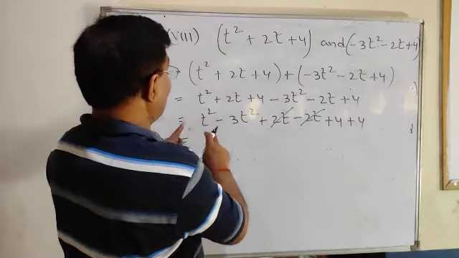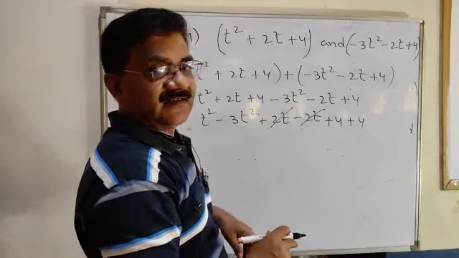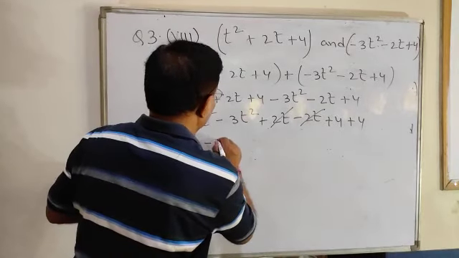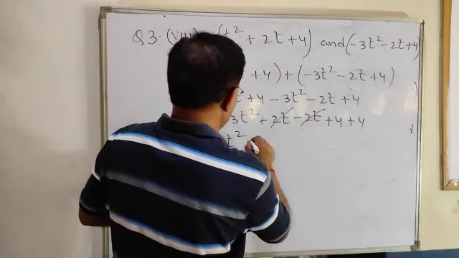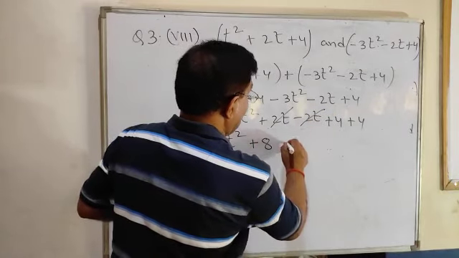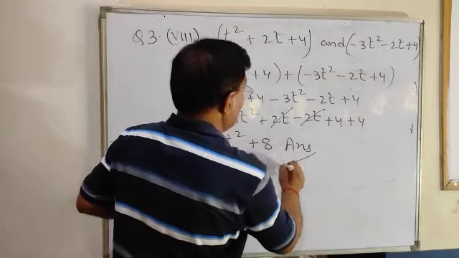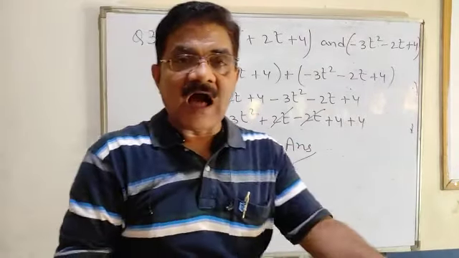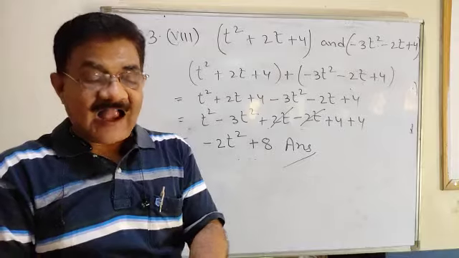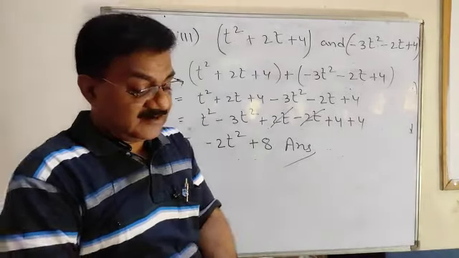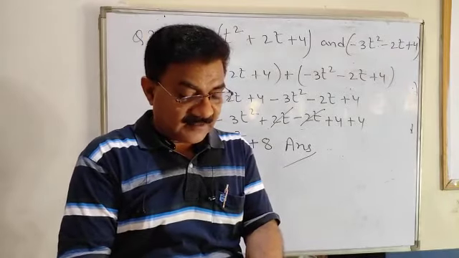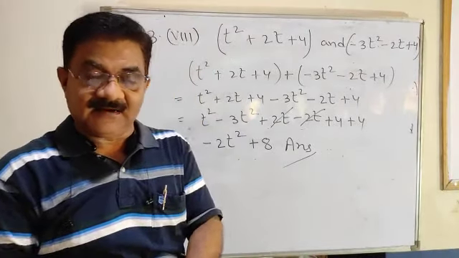And t square, 1t square minus 3t square will be minus 2t square, and plus 4 plus 4 will become plus 8, and this is the answer. The method is the horizontal method.